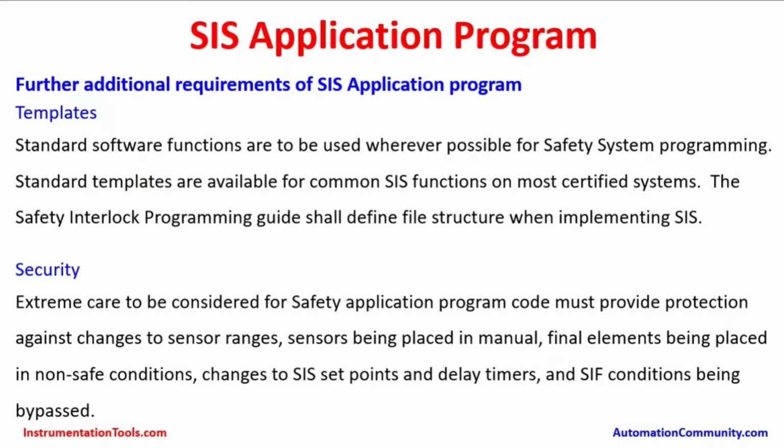First one is templates. Standard software functions are to be used wherever possible for safety system programming. Standard templates are available for common SIS functions on most certified systems. The safety interlock programming guide shall define file structure when implementing safety instrumented system.